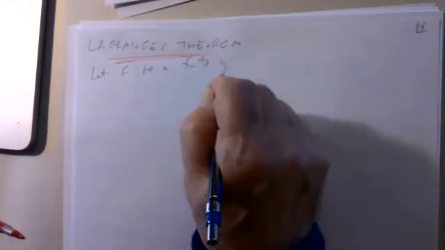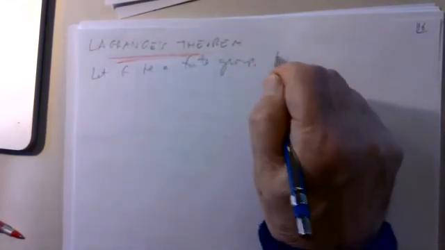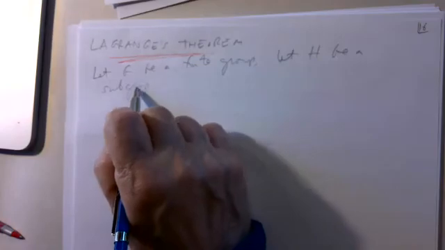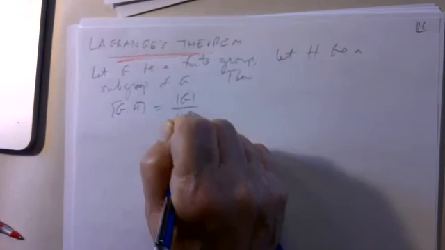Let G be a finite group. Let H be a subgroup of G. Then the index of H in G, that's the number of left cosets of H in G, is the order of G divided by the order of H.